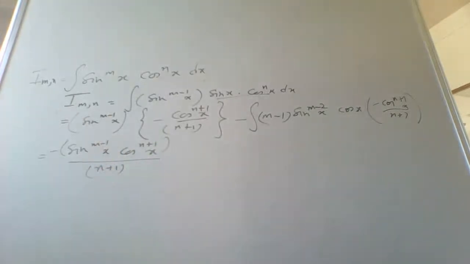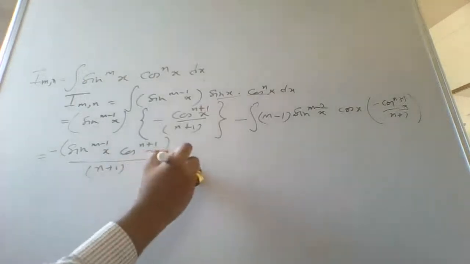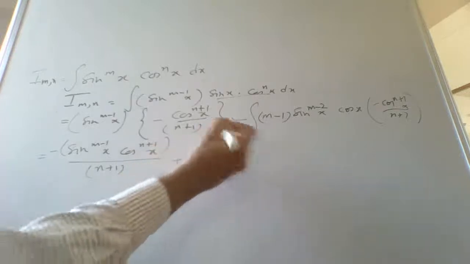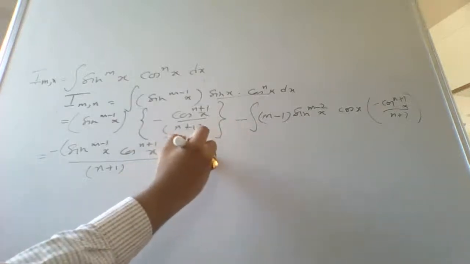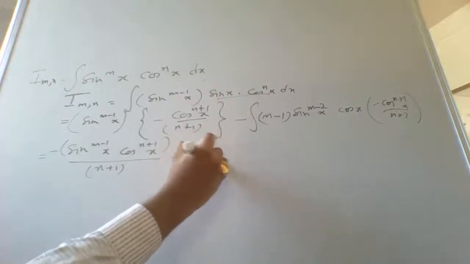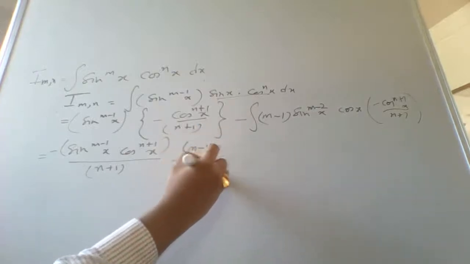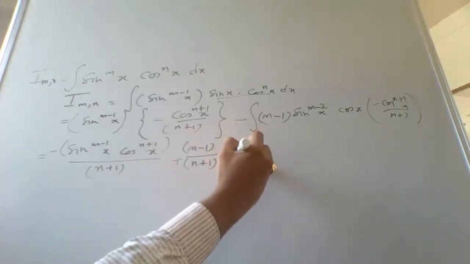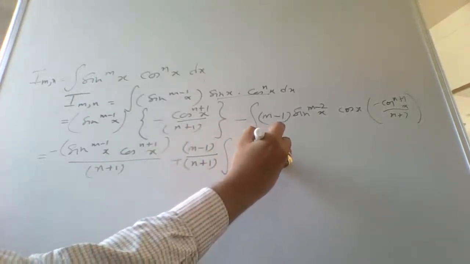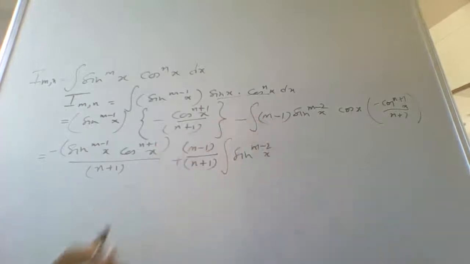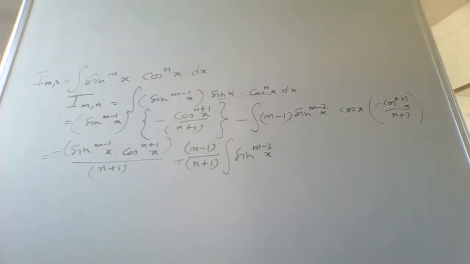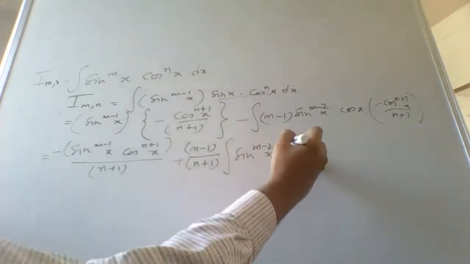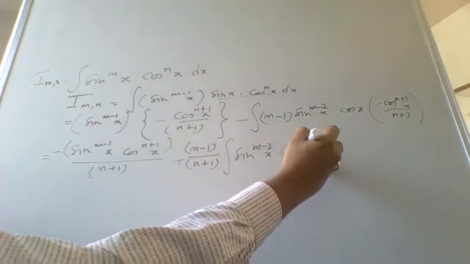If I simplify further, minus and minus is plus, so this is m minus 1 divided by n plus 1 integral sine to the power of m minus 2 x into cos to the power of n x.